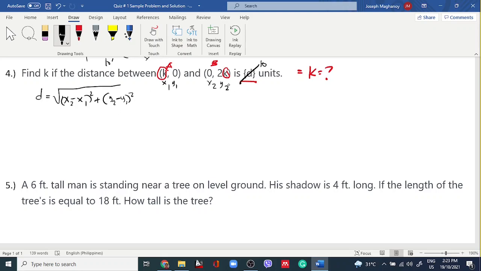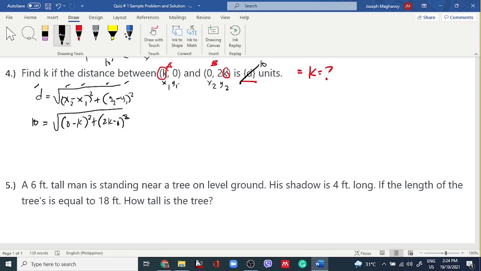Just substitute the given parameters. D is given, everything is given except for K, which is the unknown. Substitute the values. Our D is 10, so the square root of 0, the x sub 2, minus x sub 1, which is K, squared, plus the y sub 2, that is 2K, minus 0, squared.